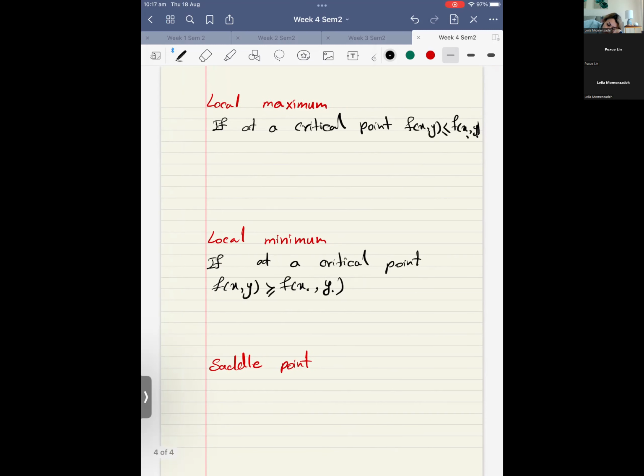And for a smooth function, if a critical point is not a local maximum or a local minimum, it is a saddle point.